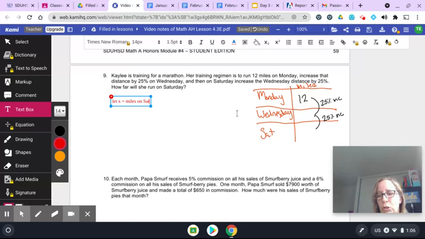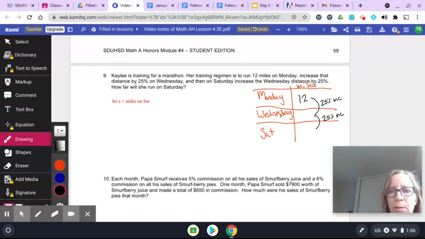We can write that in two different ways. We can write that as 12 plus 0.25 of 12. Or we can write that as 1.25 times 12 because you're really running 125%. And then we have to increase that again.